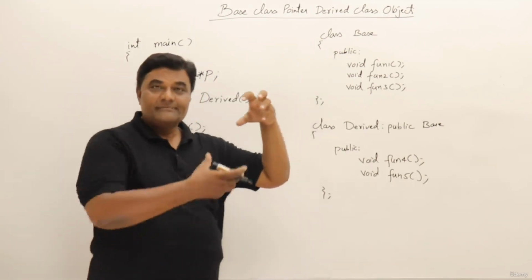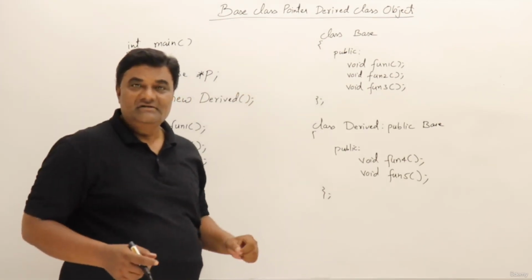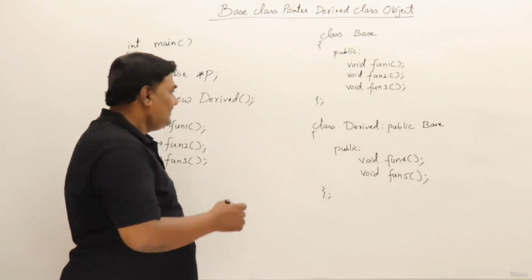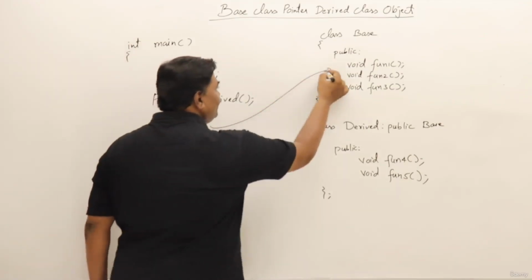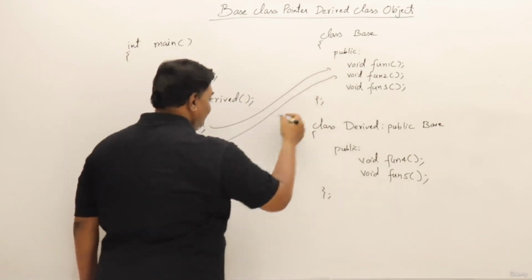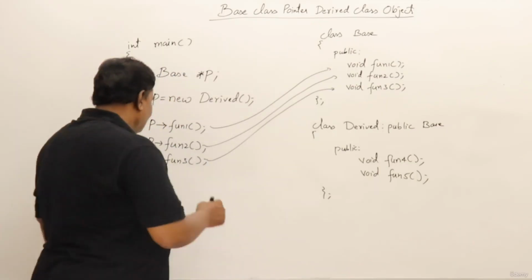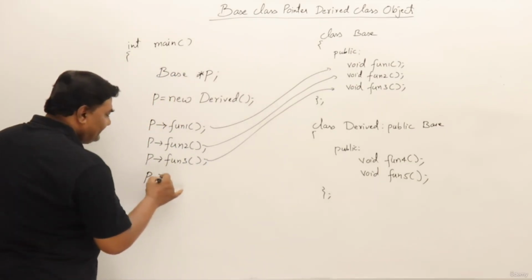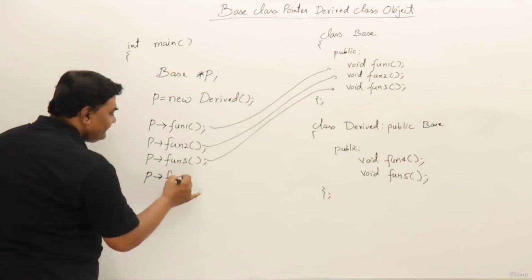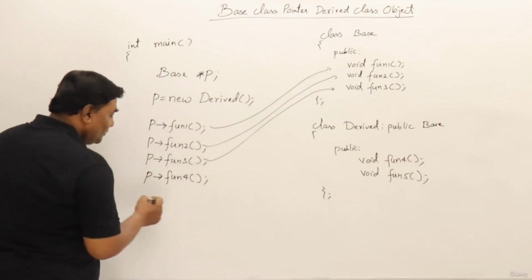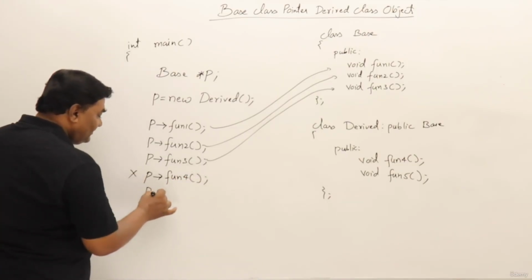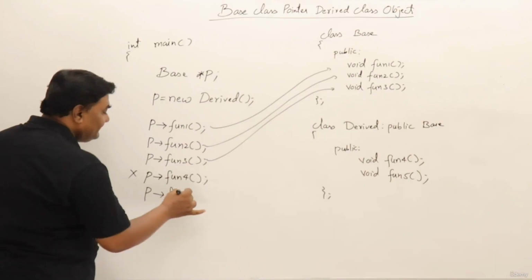The pointer is base class, the object is derived class. Whose functions will be called? The base class functions will be called. These functions. Next, can I call P arrow function 4? No, you cannot call. Can I call P arrow function 5? No, you cannot call.